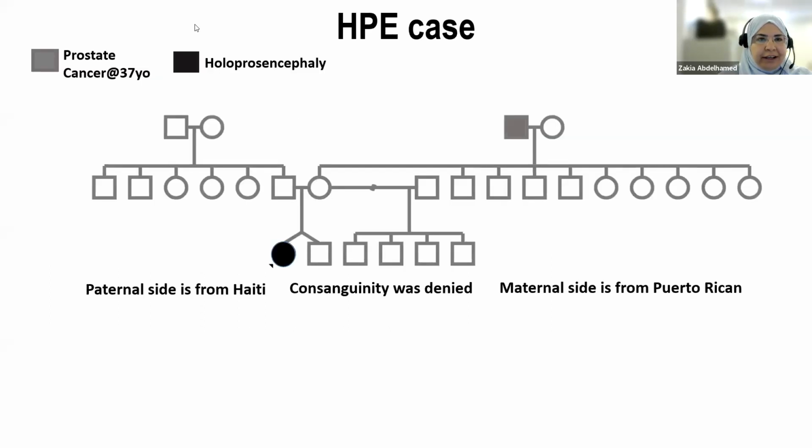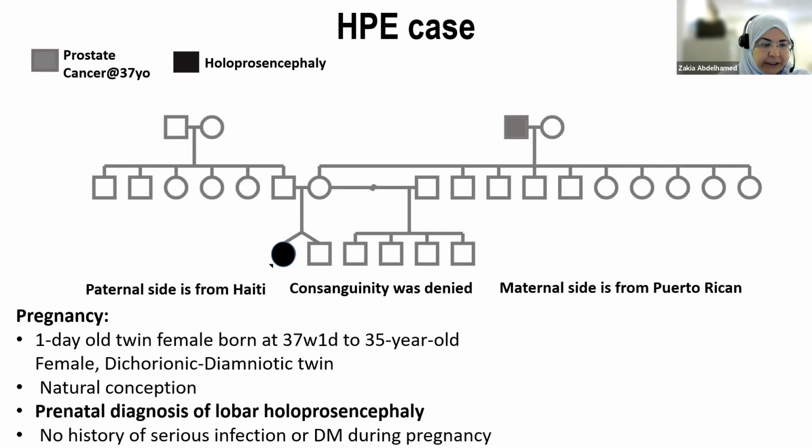This is a case of a 1-year-old patient with holoprosencephaly who was diagnosed prenatally with lobar holoprosencephaly. The pedigree shows that the family was completely healthy.